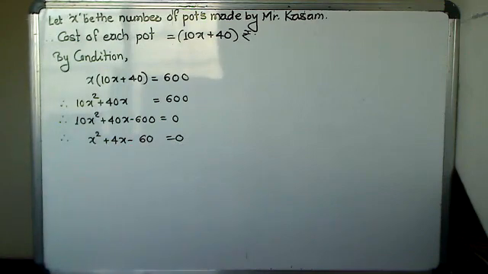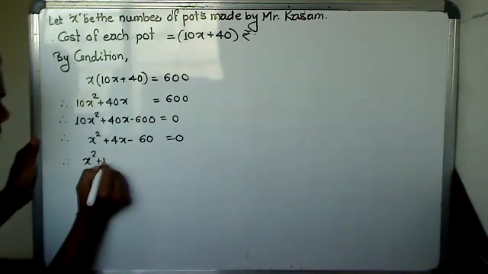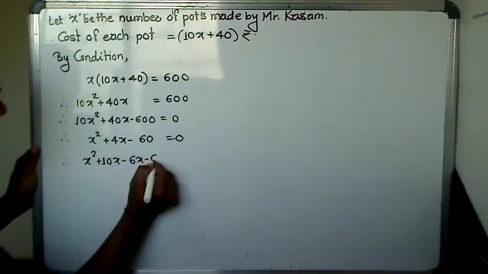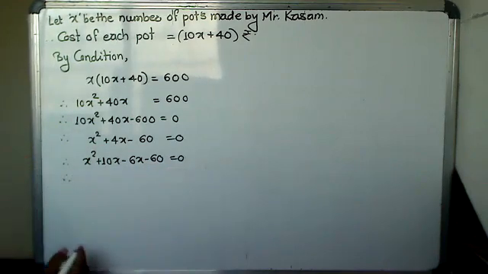Now I have to find two numbers whose multiplication is 60 and whose difference is 4. So what are the two numbers? 6 and 10 are the two numbers. So therefore x square plus 10x minus 6x minus 60 is equal to 0.